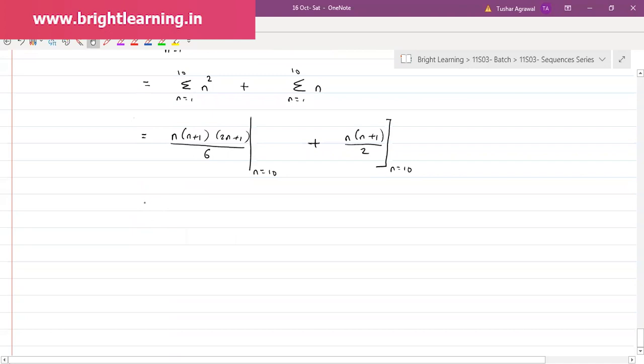So now just simply substitute and calculate. So it will be 10 multiplied by 11 multiplied by 21, 2 into n plus 1. This complete divided by 6, addition 10 multiplied by 11 upon 2.